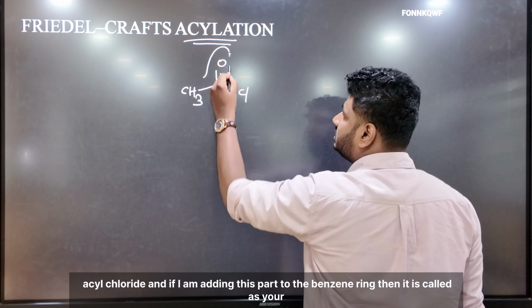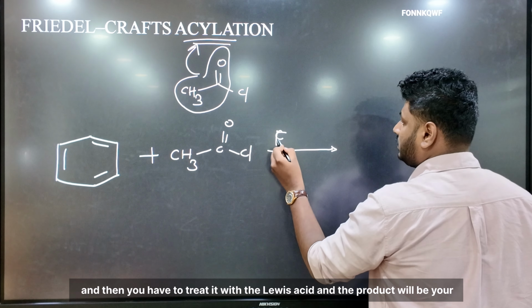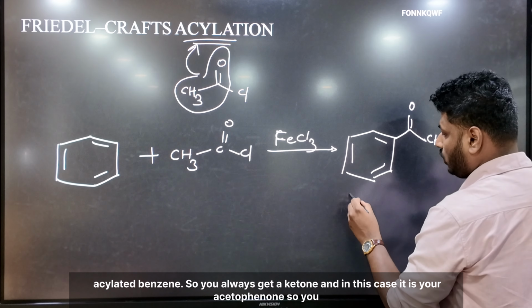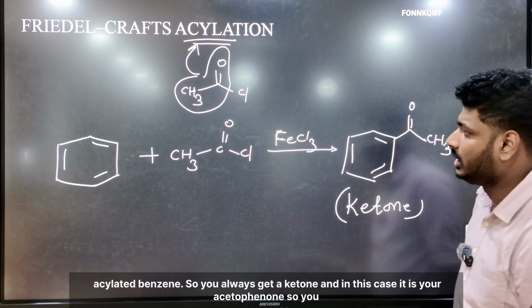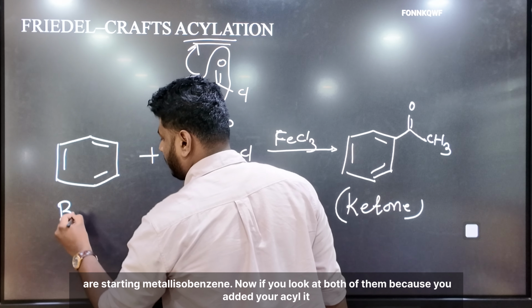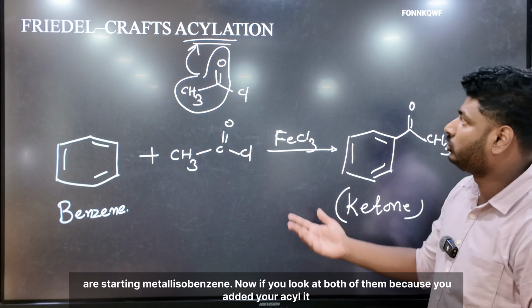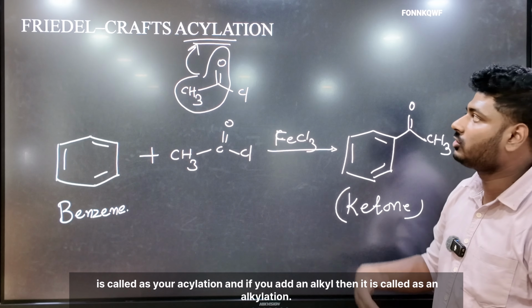As usual, you take an acyl chloride and treat it with the Lewis acid, and the product will be the acylated benzene. You always get a ketone, and in this case it is acetophenone. Your starting material is benzene. If you added an acyl, it is called acylation, and if you added an alkyl, it is called alkylation.